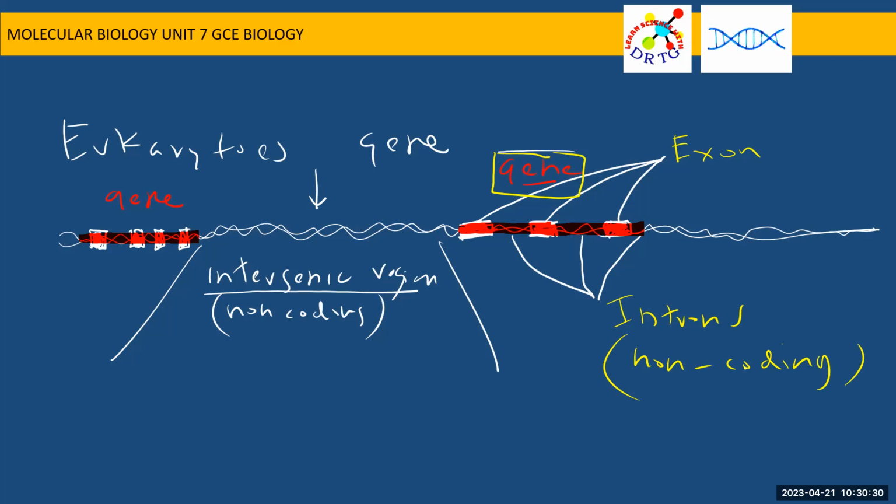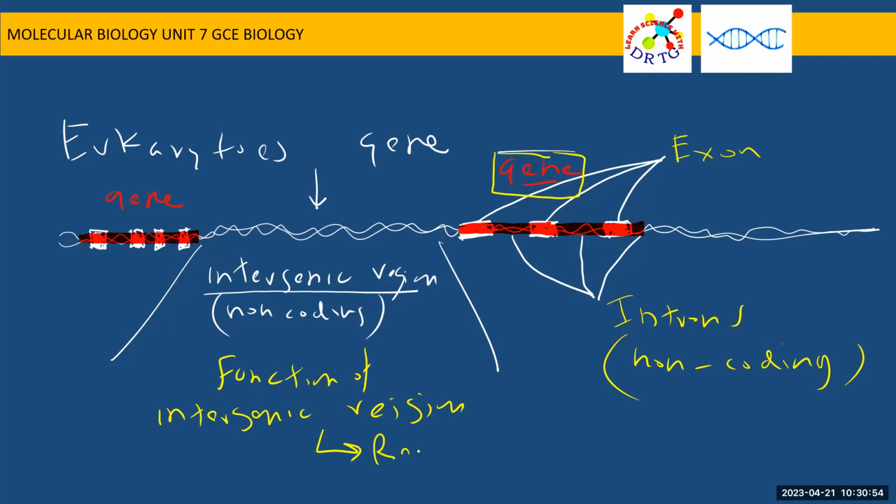Then why do these things exist like this? And at least, what is the function of the intergenic region? At least we can highlight one function: they have regulation.